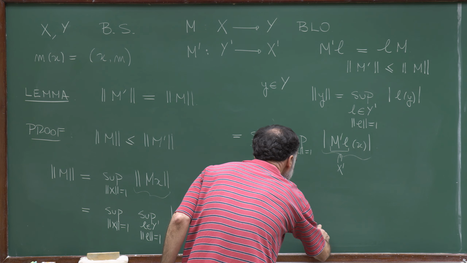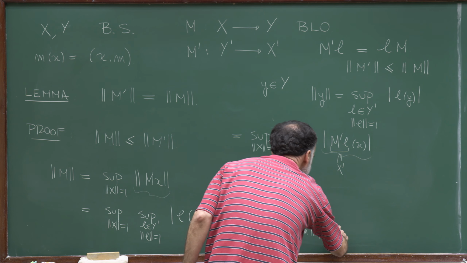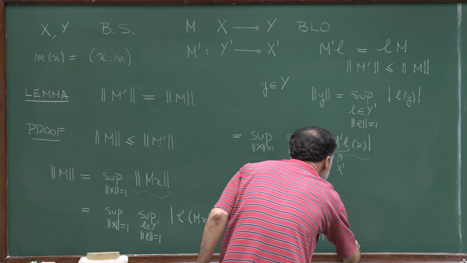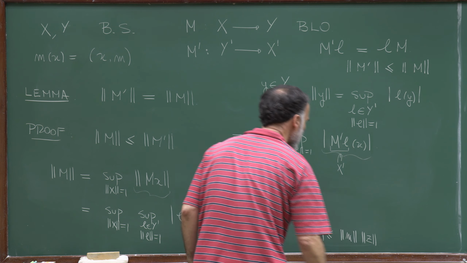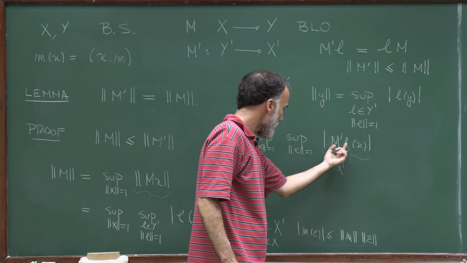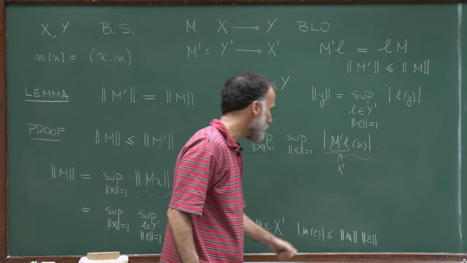m z, z an element of X, you know that this is bounded by the norm of m times the norm of z. So I will apply that to M prime L, which is equal to m, and to x, which is playing the role of z.